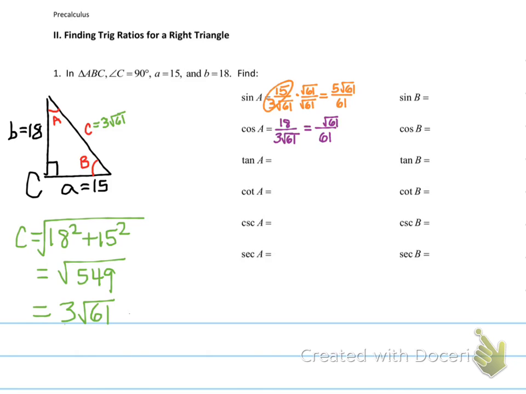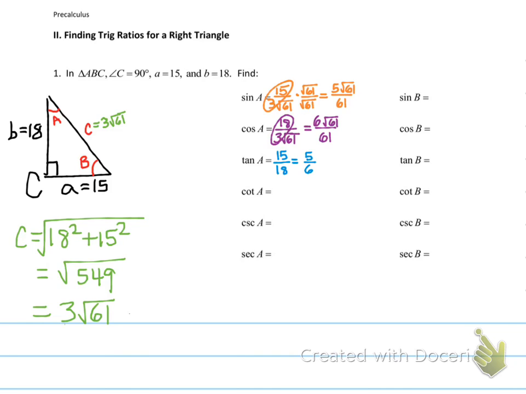Root 61 is up top, and then 18 over 3 simplifies to 6. Tangent of A is opposite over adjacent, which is 15 over 18, which simplifies to 5 over 6.